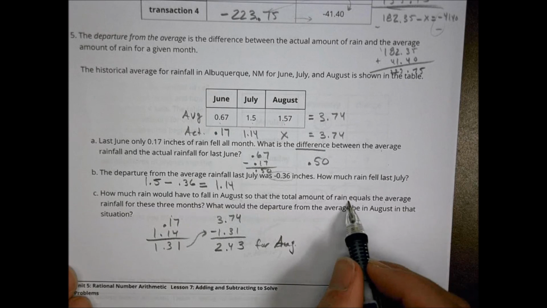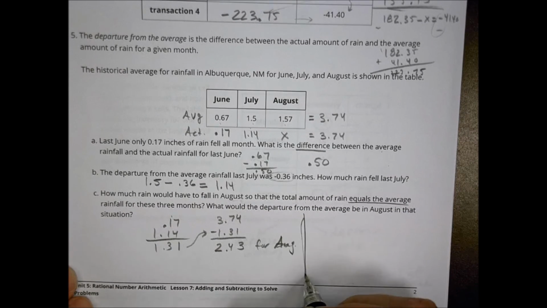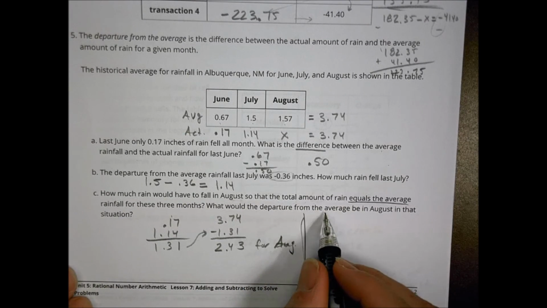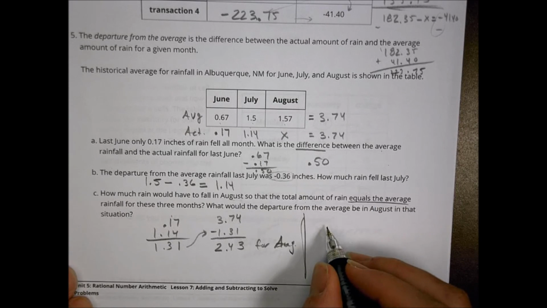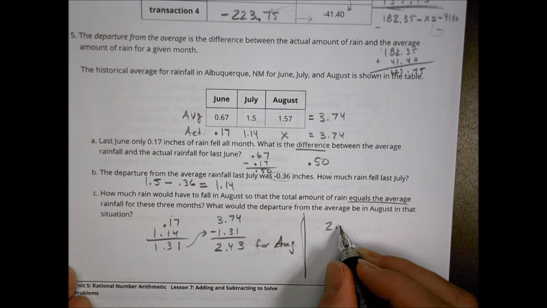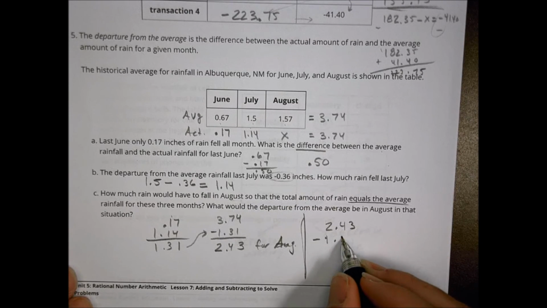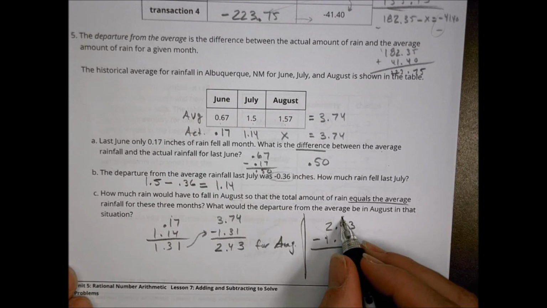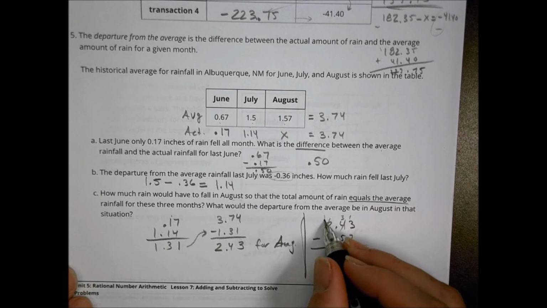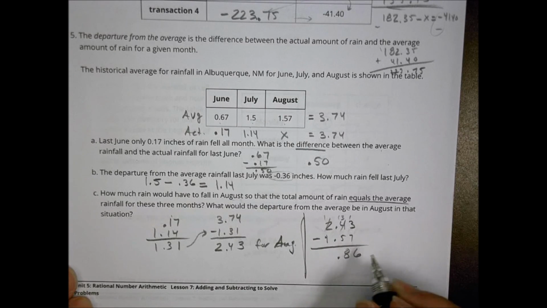What would the departure be from the average in August? Well, normally it's 1.57. So if it rained 2.43, we compare that to 1.57. The departure is that difference there. We would say the difference would be 0.86 more than the normal. And we would say it's positive because it's going to be more than the normal.